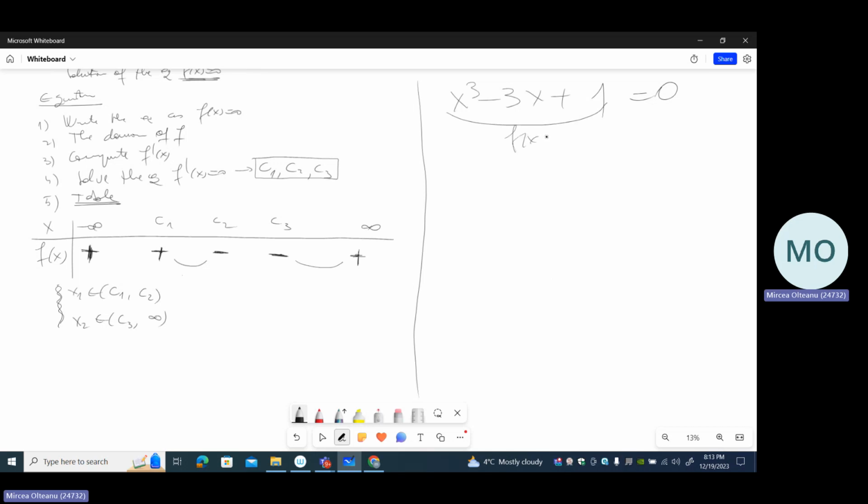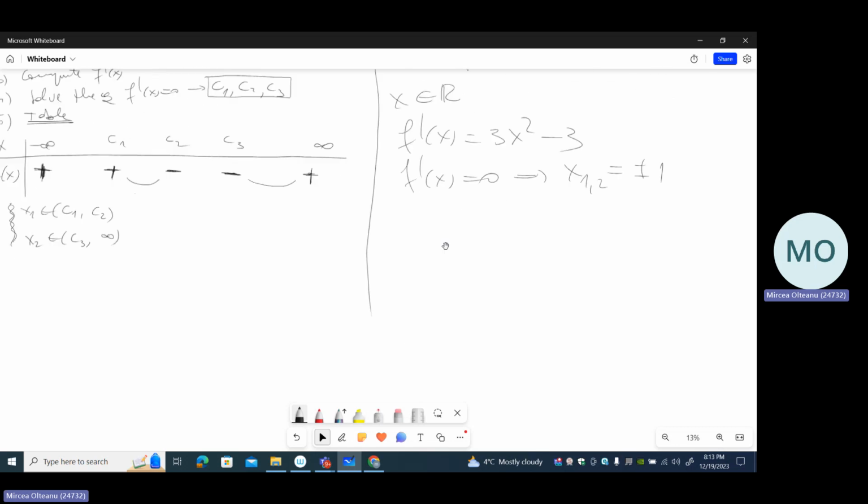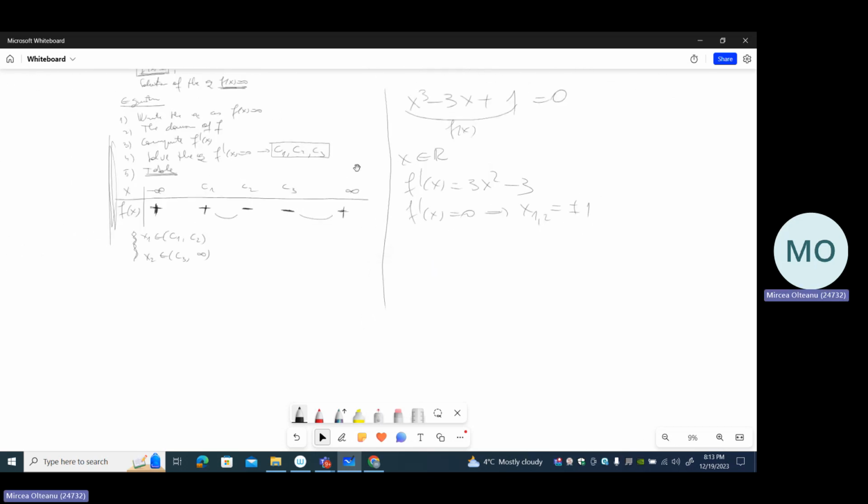We consider f of x to be this one. The domain of definition is the entire set of real numbers. Then we need to compute the derivative, which is 3x squared minus 3. Then we need to compute the solutions of the equation f prime of x equals 0, which are plus and minus 1. I shall denote them by x1 and x2, not like in this algorithm here with c1, c2. Okay. And now we can put all together and have the table.